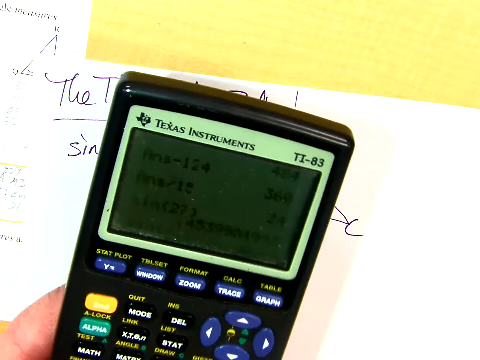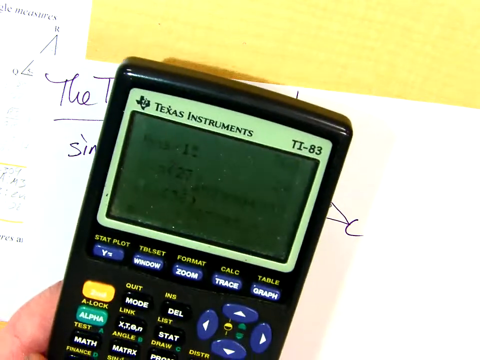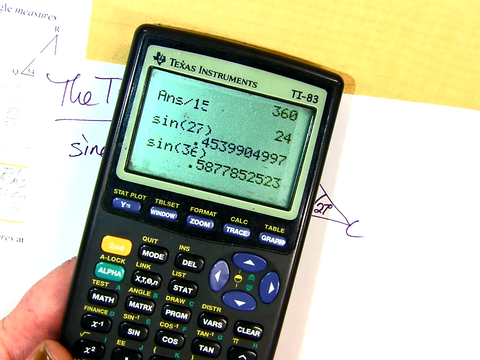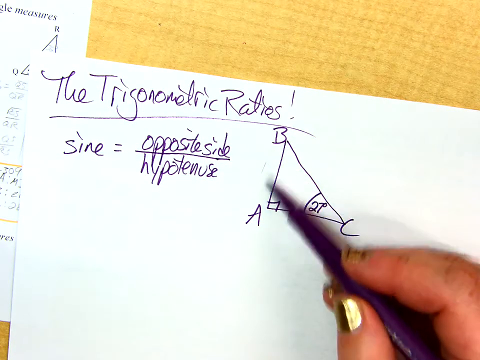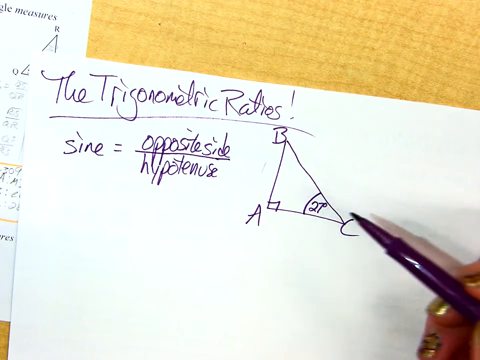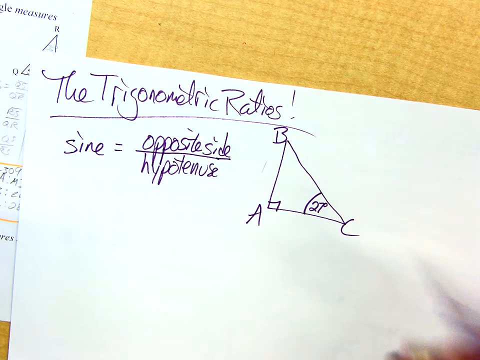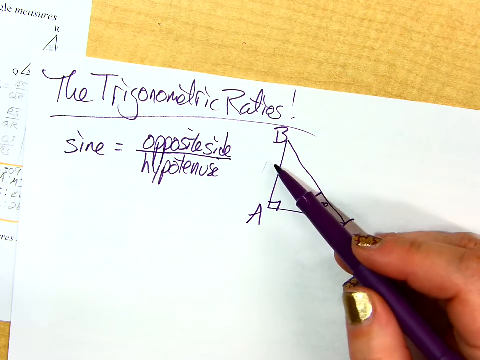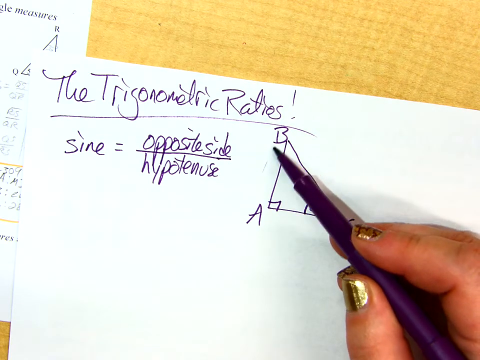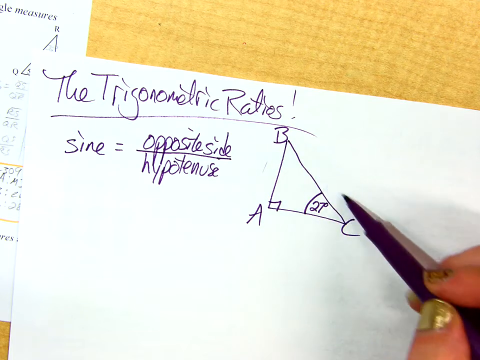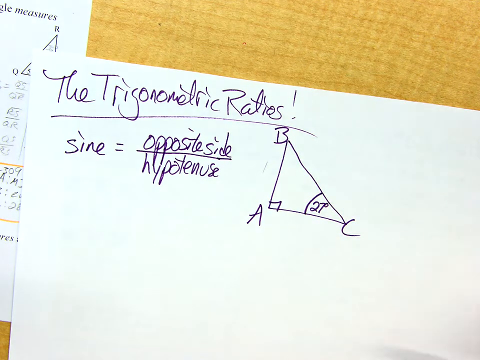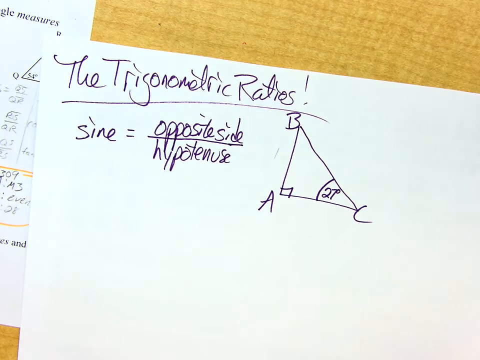So if it happened to be a 36 degree angle, the sine would be that. It's the ratio of the length of this side to the length of the hypotenuse. Okay? All right. So there are 3 ratios altogether.